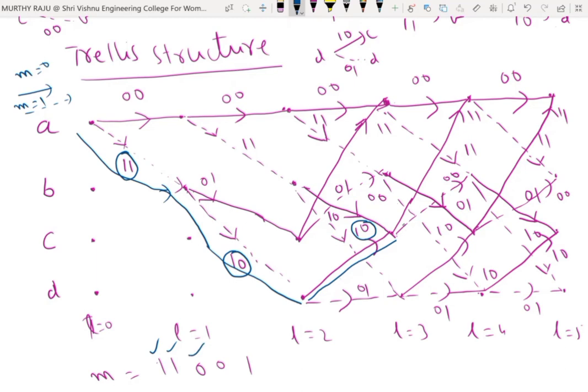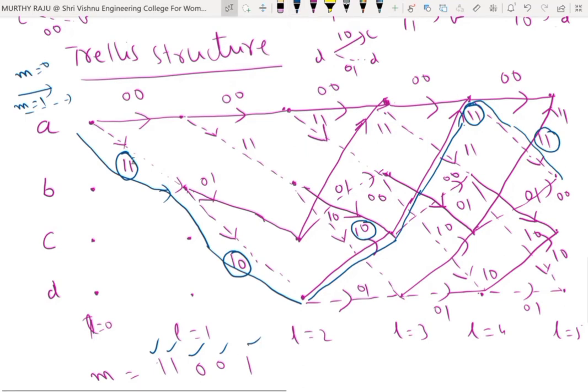Next bit is 0, that means solid line, with output 1, 0. Next bit is 0, solid line, with output 1, 1. Next bit is 1, consider dashed line, with output 1, 1.